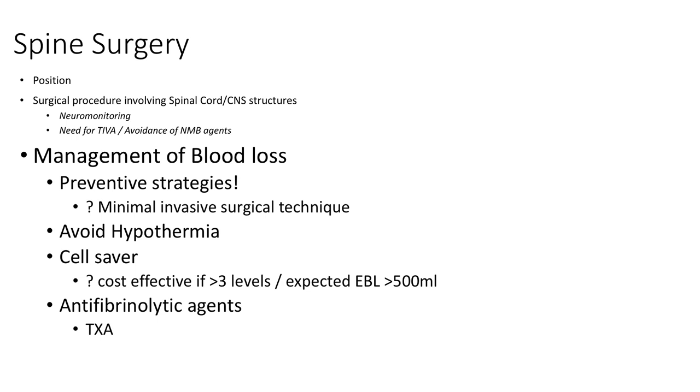And consider a cell saver if you expect a higher EBL, more than 500 ml, or more than 3 surgical levels. A cell saver might allow you to retransfuse and therefore avoid the use of blood component therapy.